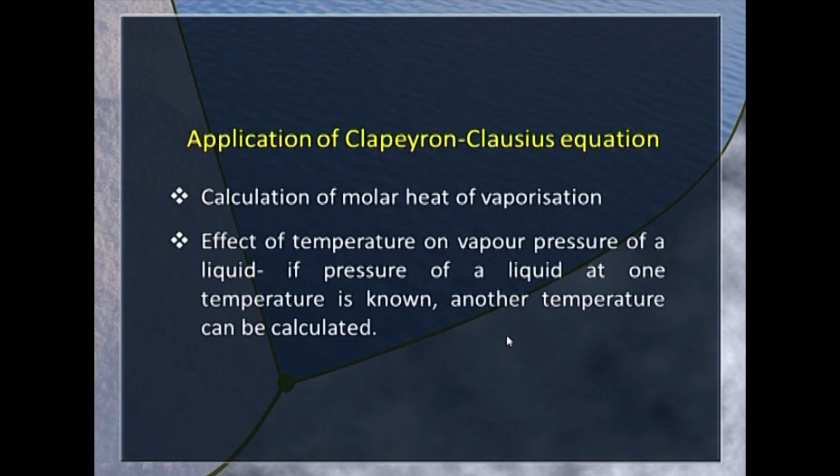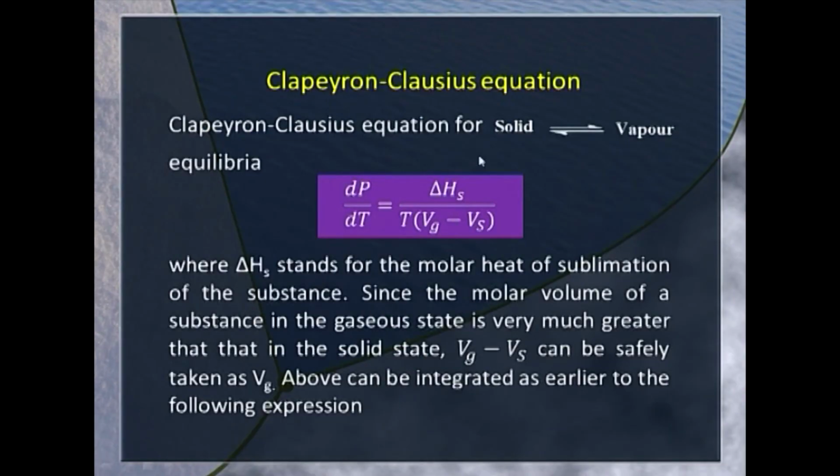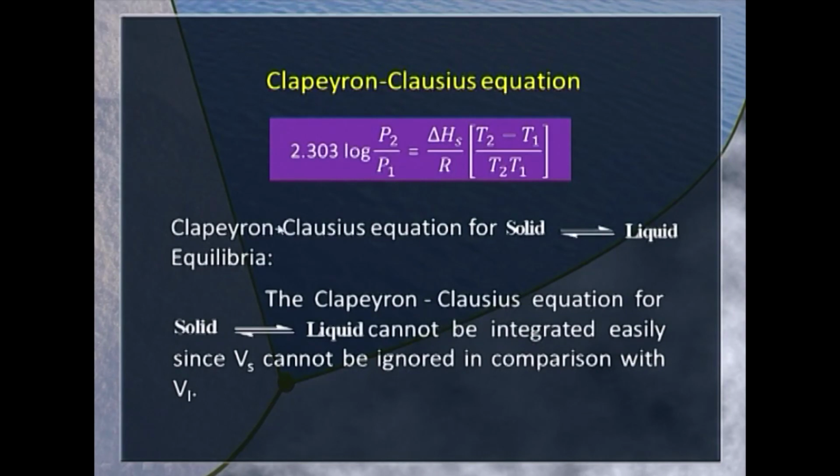We would like to take another case of a simple system, solid-vapor, where there is equilibrium between V gas and V solid. We know that the solid volume is negligible as compared with gas. So, it can be treated in the same manner as liquid-gas, and we can get a similar Clapeyron-Clausius equation, but remember that this is the delta H of sublimation.